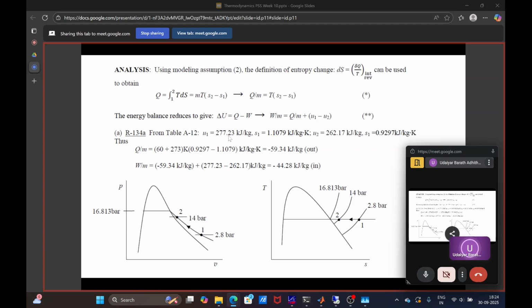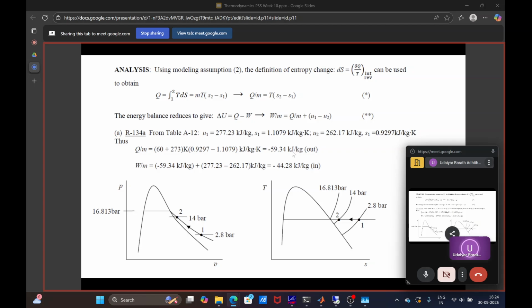What we get is m T (S2 minus S1), or Q by m is T (S2 minus S1). In the energy balance, delta U is Q minus W, which is your first law. Dividing again by mass to convert into specific quantities, we get the work done per unit mass W by m equals Q by m plus U1 minus U2.